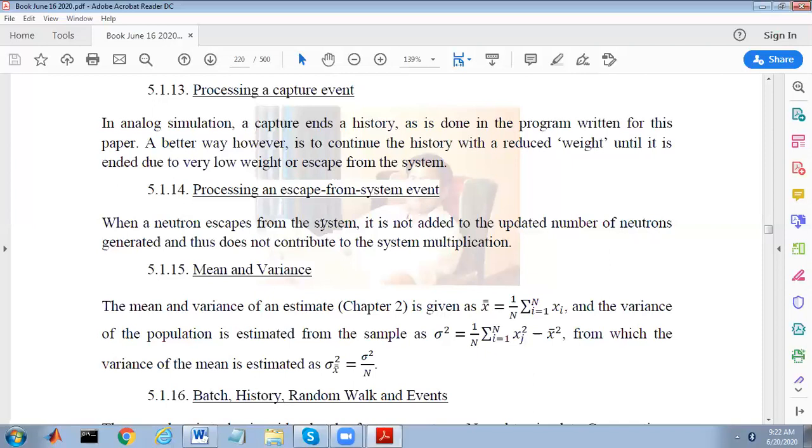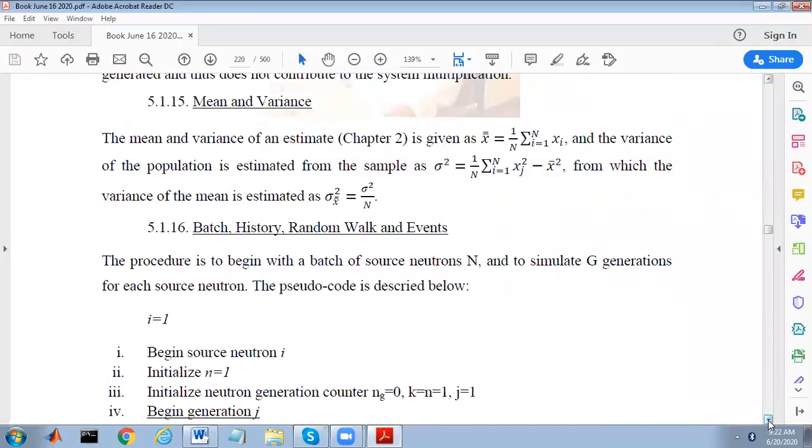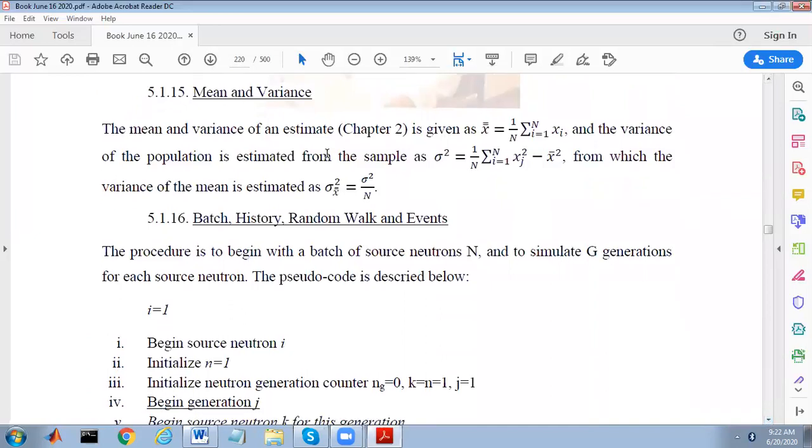So how do you process an escape from the system event? When a neutron escapes from the system, it is not added to the updated number of neutrons generated, and thus it does not contribute to the system multiplication. Once you've done this little simulation, you estimate the mean and the variance from what we saw earlier.